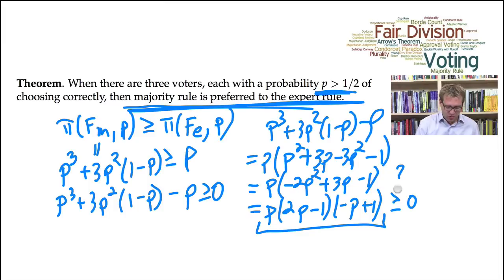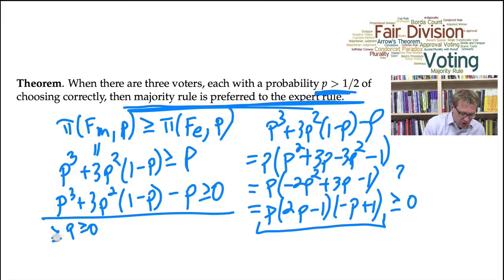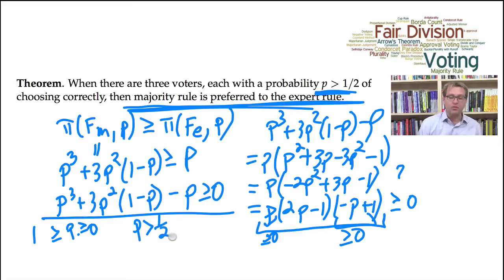Now, why is that true? Well, that follows because p is greater than or equal to 0, because p is a probability measure, but p is also less than or equal to 1. So minus p plus 1 is greater than or equal to 0 because p has to be smaller than or equal to 1. Also, remember that p must be greater than 1/2. If p is greater than 1/2, then 2p minus 1 has to be greater than or equal to 0.